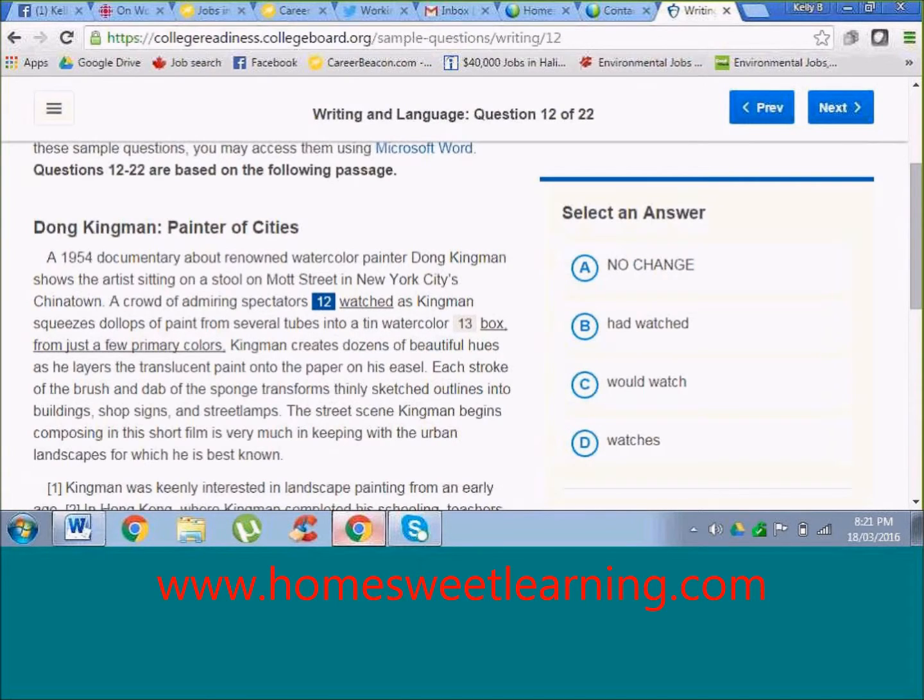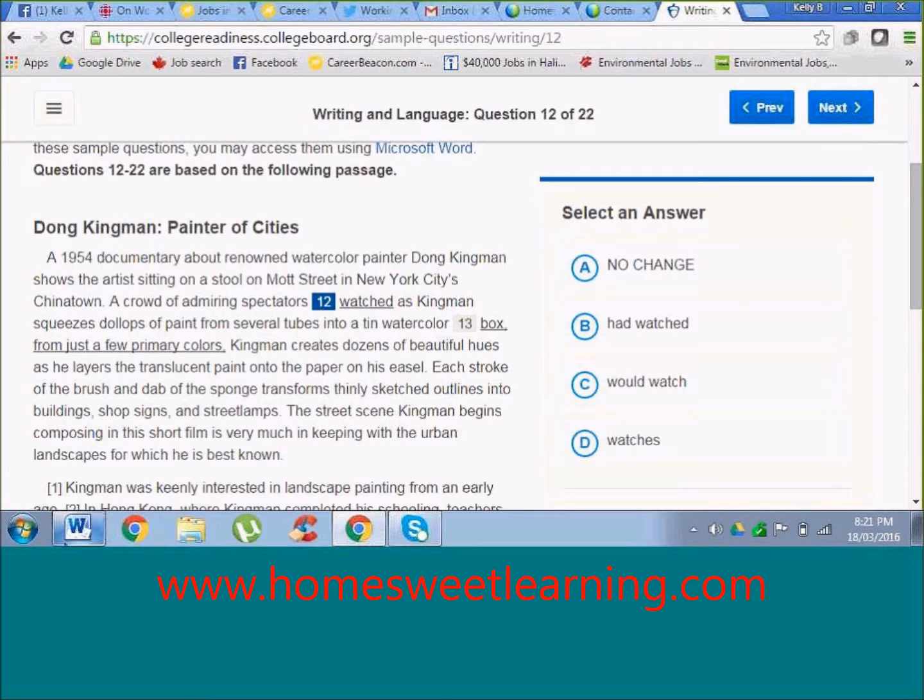Let's focus on the answer. We have a crowd of admiring spectators. We're going to change the verb watched to a crowd of admiring spectators had watched, a crowd of admiring spectators would watch, or a crowd of admiring spectators watches.